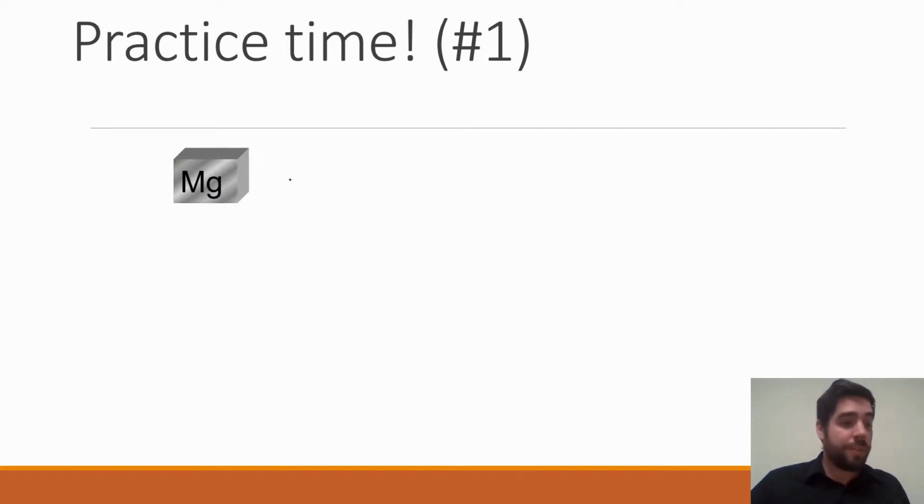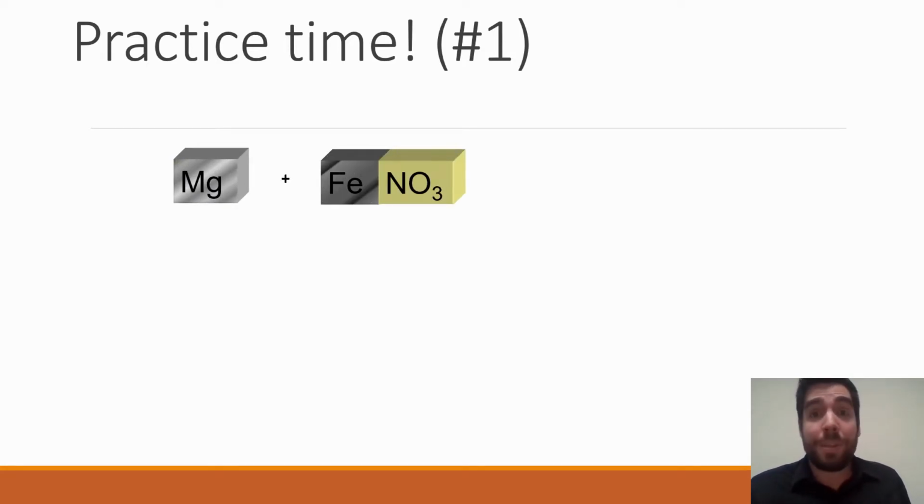All right, so here's your first practice problem. Complete the following reaction. A piece of solid magnesium is placed in a solution of iron nitrate. Please write the full word equation down here. And for extension, write the balanced chemical equation, including which metal is being oxidized and which is being reduced.